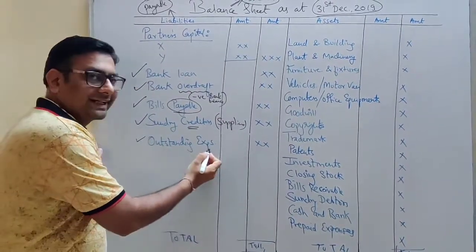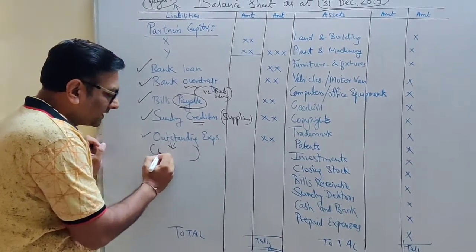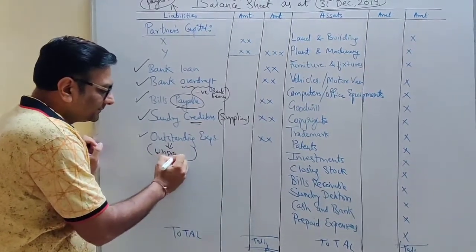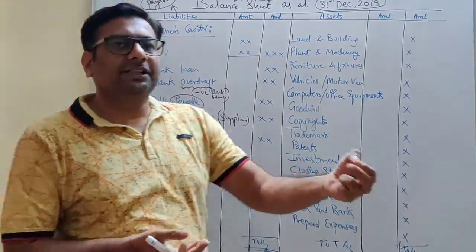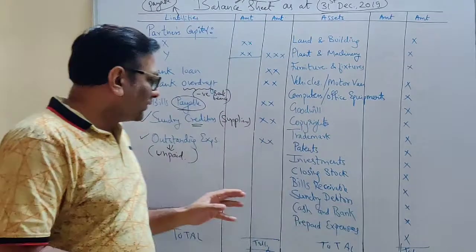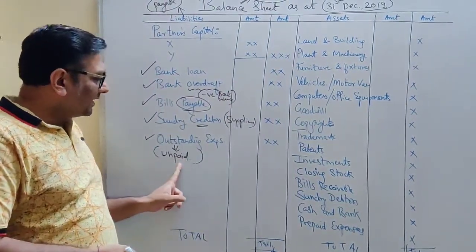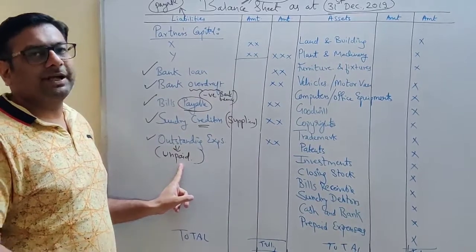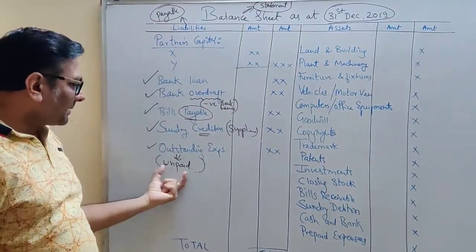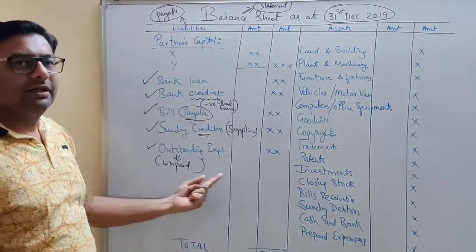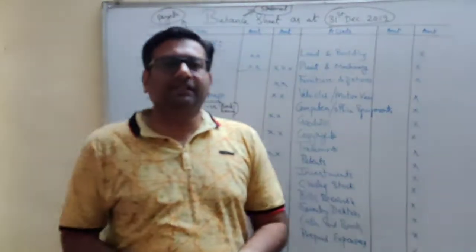Next, outstanding expenses. What do you mean by outstanding? Outstanding means unpaid. Let's take one example. You received an electricity bill, and you have not paid it. It is unpaid, so it is payable. You still have to pay your electricity bill. When I say payable, it becomes your liability. It may be many expenses; I have just taken one example.